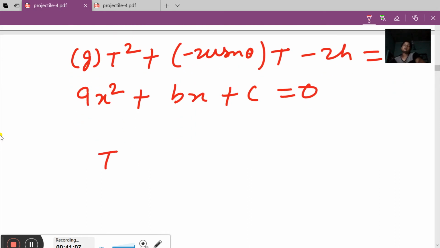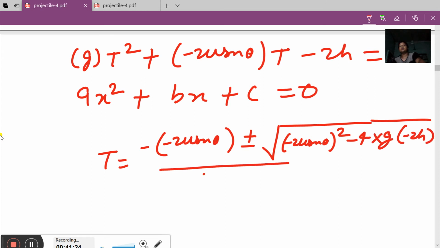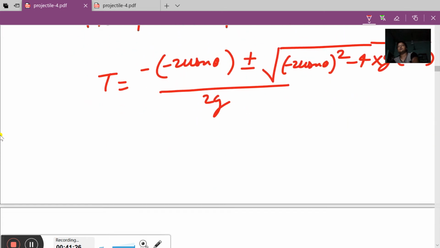x is minus b plus minus under root b square minus 4ac over 2a.